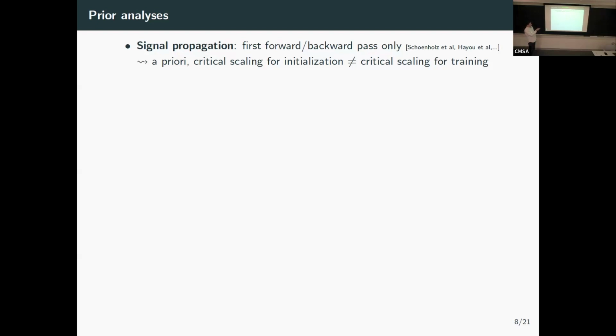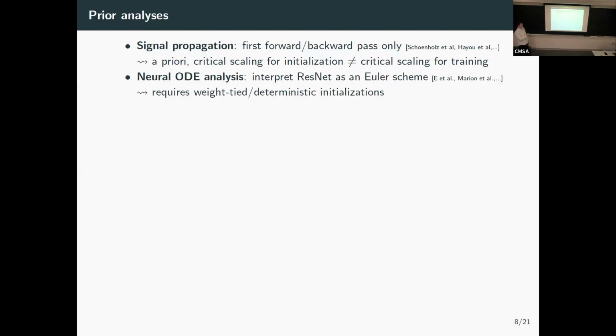For training, we have to be careful that having a critical scale at initialization is not the same as a critical scale during training. So the insights we get from this signal propagation analysis cannot, in general, be transferred to training dynamics.